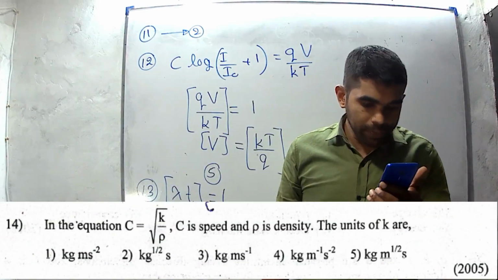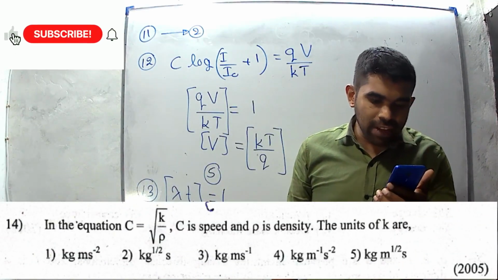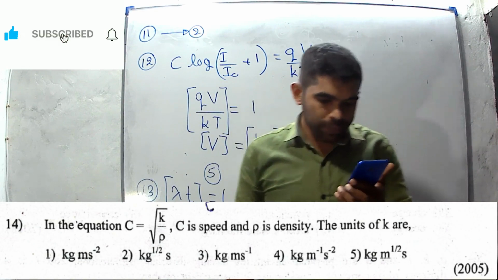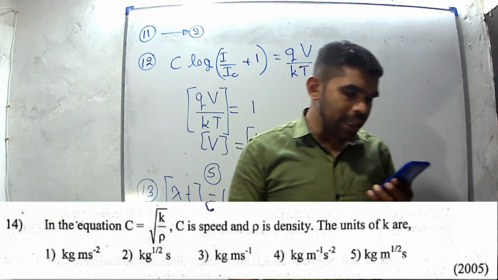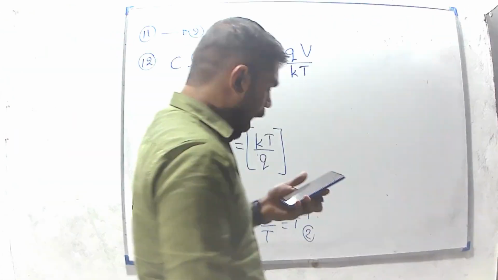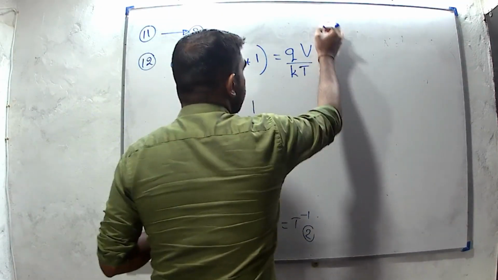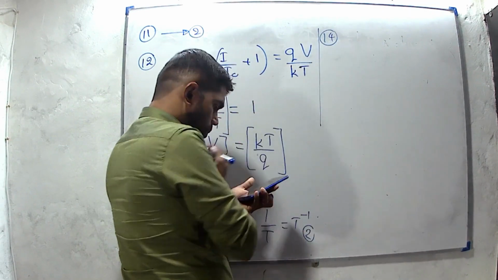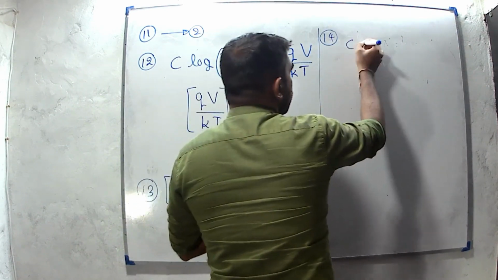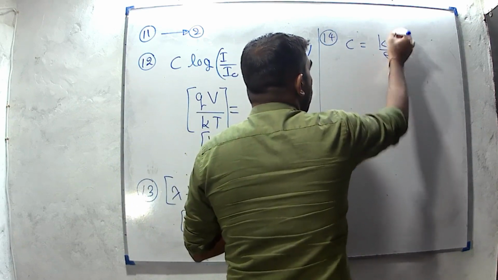Then 14. In the equation C equals root of K over rho, C is speed and rho is density. What are the units of K? I will write the equation: C equals root of K over rho.